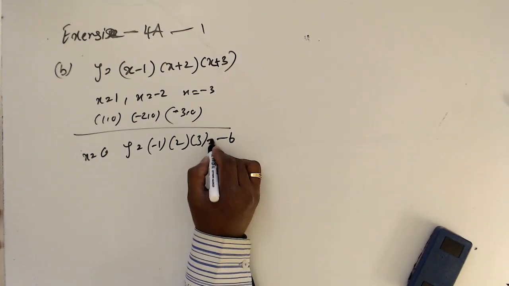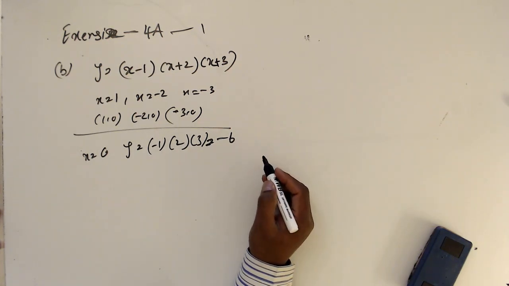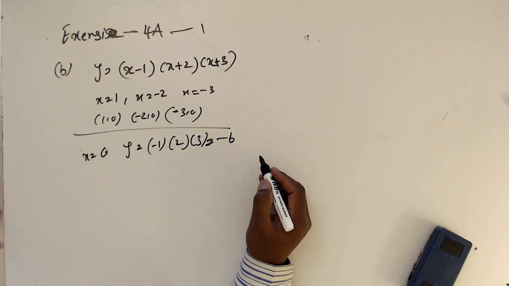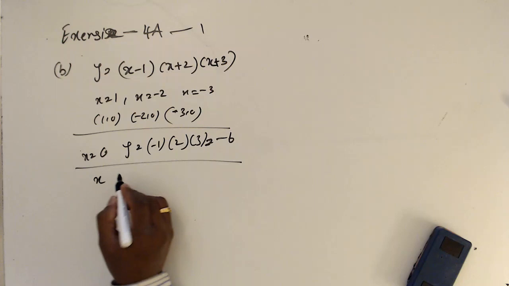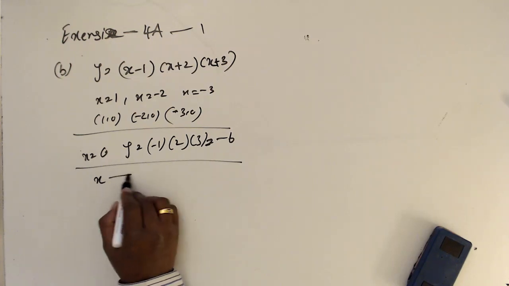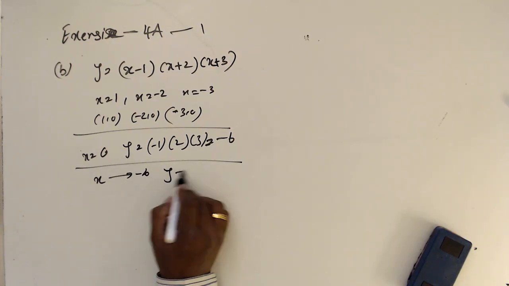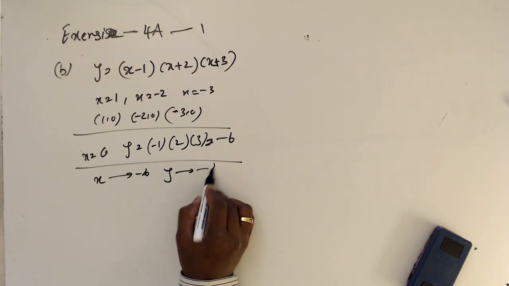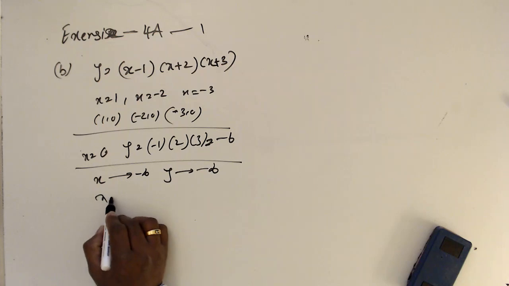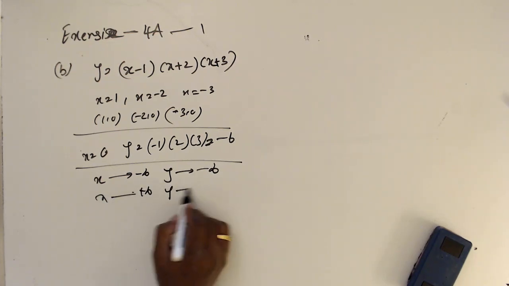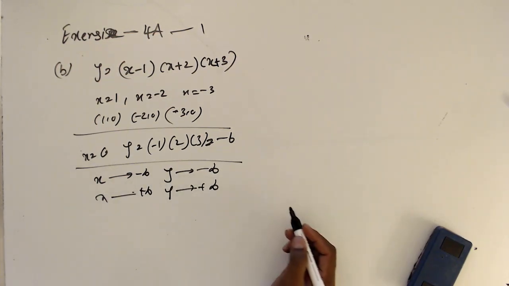This is minus 6. That's done. As x goes to minus infinity, y goes to minus infinity. And as x goes to positive infinity, y goes to positive infinity.